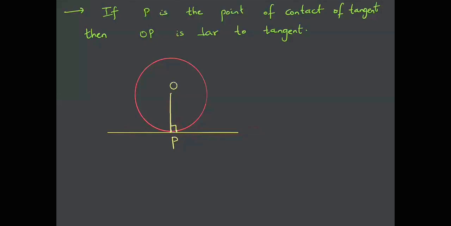Just try this for 2 minutes. Try to prove that these two lines are perpendicular, that is, OP and AB. To prove that OP is perpendicular to AB.